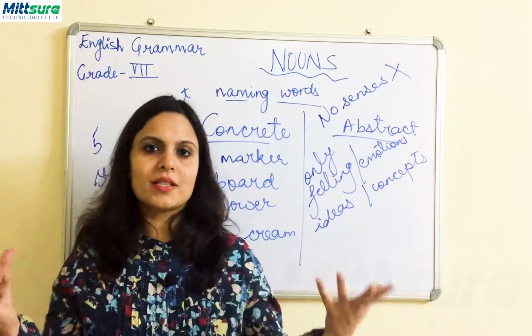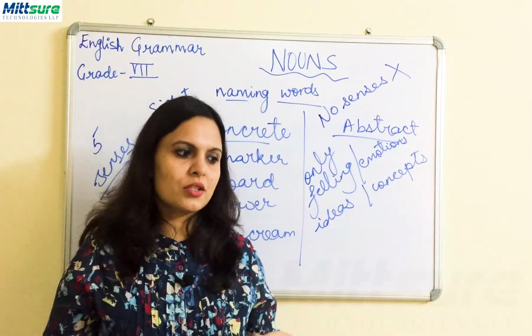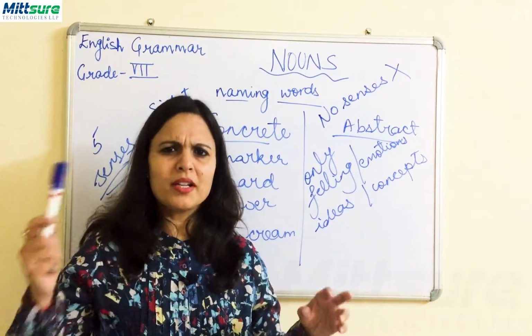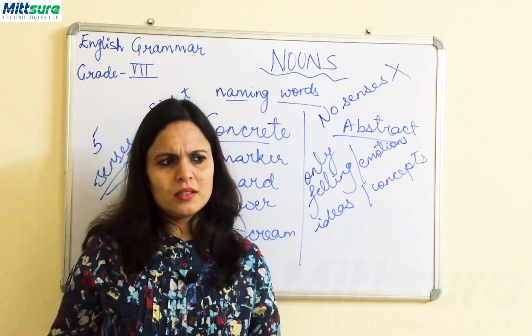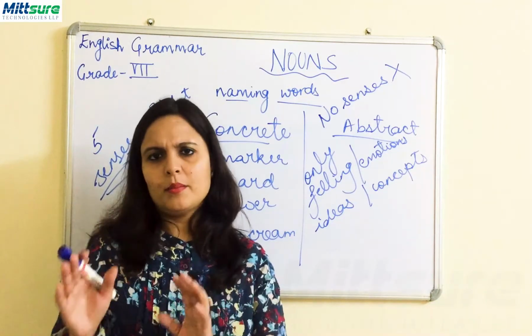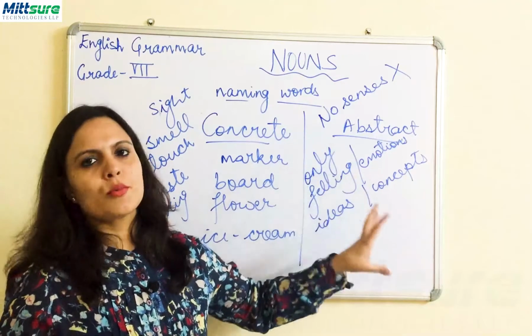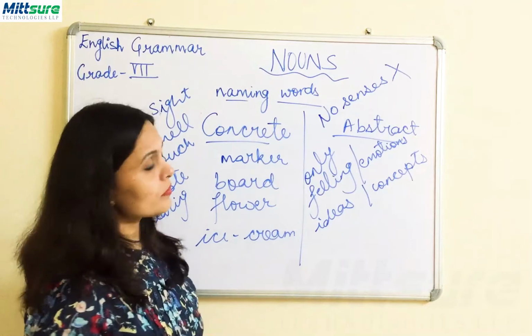So government is a concept that will channelize the transactions done in a country, not the financial transactions, but every political or major issues, major policies will be taken care of by the government, right? So any idea or concept or emotion or feelings is actually an abstract noun.